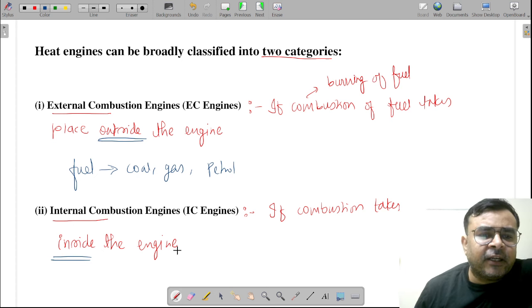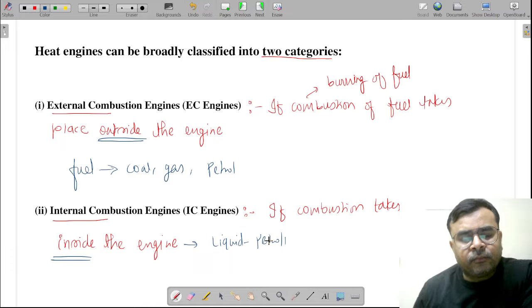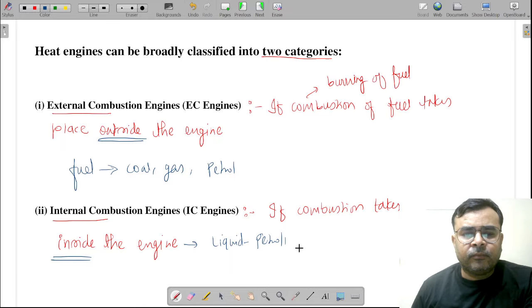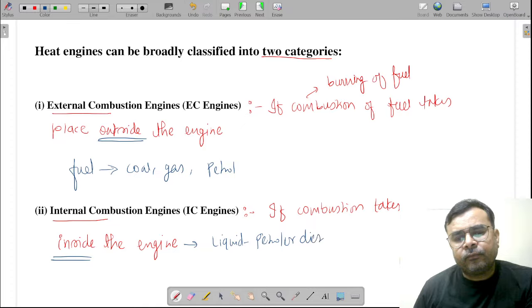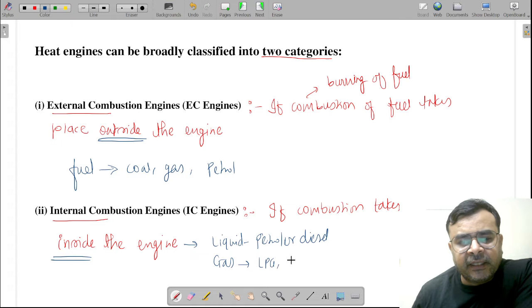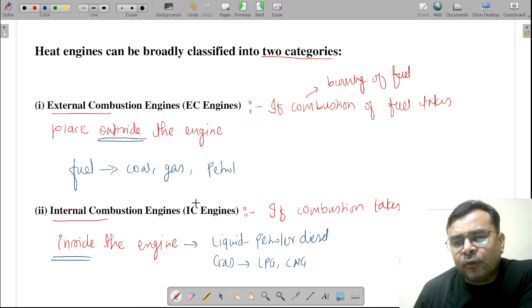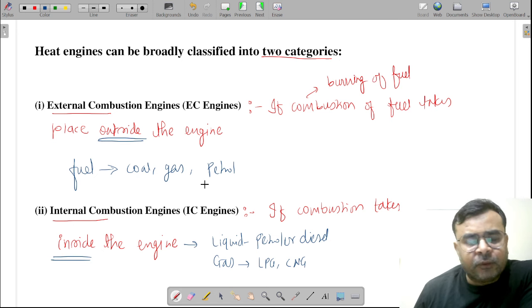And in internal combustion engine we use either liquid fuel like petrol or diesel, is it right? And even we can use gas, like LPG or CNG gas, is it right? So these are the fuels that can be used in internal combustion engine.